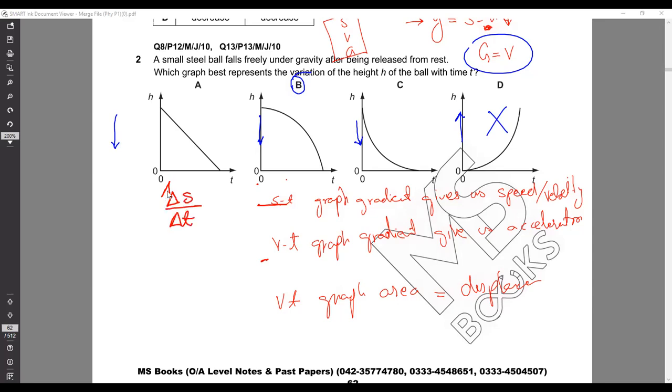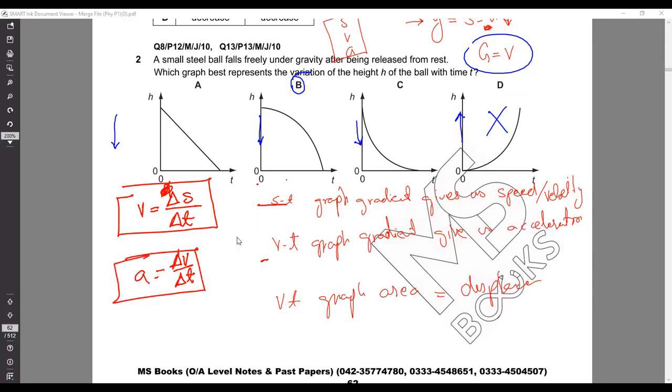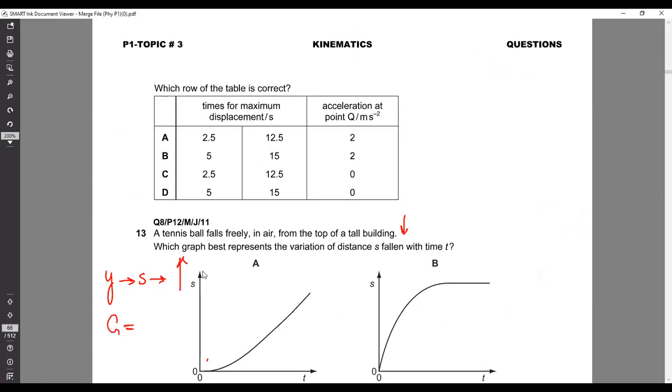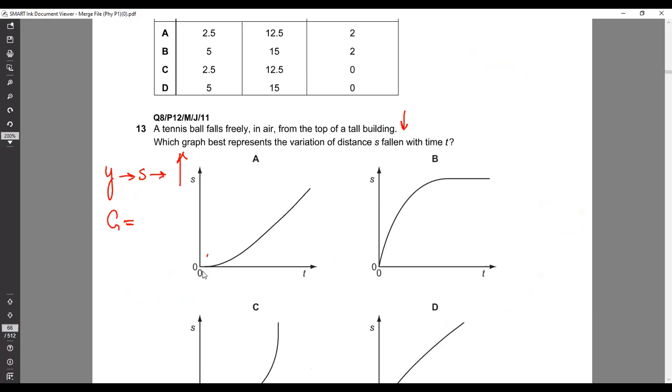So is it the formula for acceleration or velocity? It is the formula for velocity. And when we talk about a velocity time graph, the gradient is change in y over change in x. So change in y is the velocity, and the change in x is the time, right? Which is the formula for acceleration. Got it? So the gradient of this question's graph will give you acceleration. Oh, sorry, velocity. This one, displacement over time, gives you the velocity.